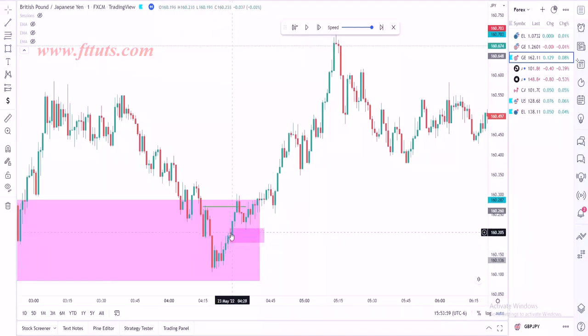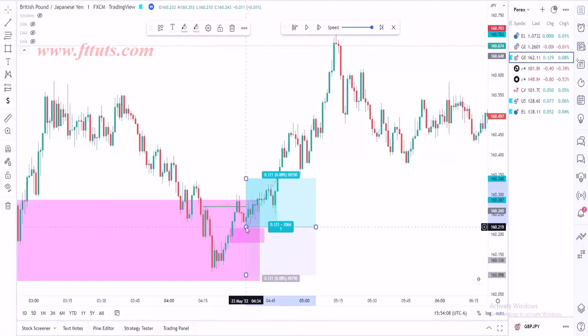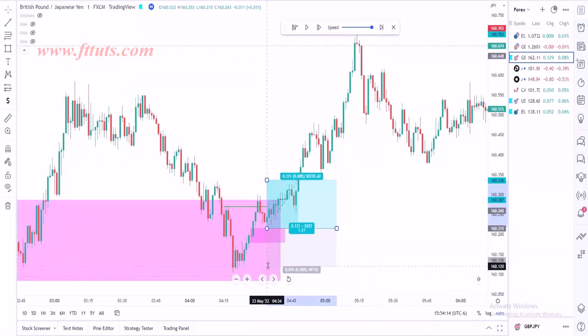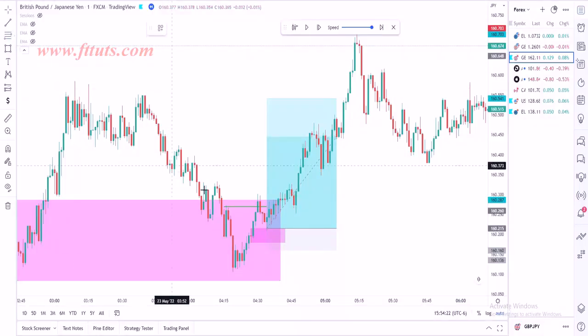This has got to be the order block, right? And guess what? It breaks structure, and then price comes back and taps. Okay, we can do something like that.